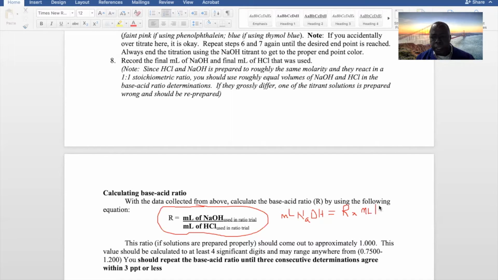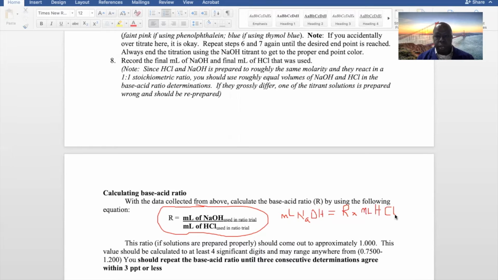This mL of HCl is the milliliters used for back titration for each trial. Remember, you had 3 or 4 Erlenmeyer flasks with different masses of KHP. Technically, you are supposed to over titrate each trial and then back titrate with HCl.